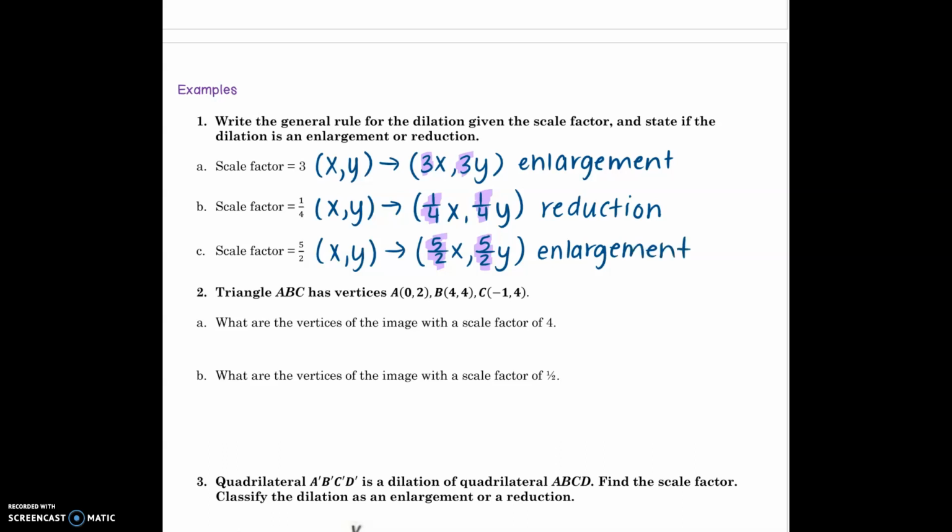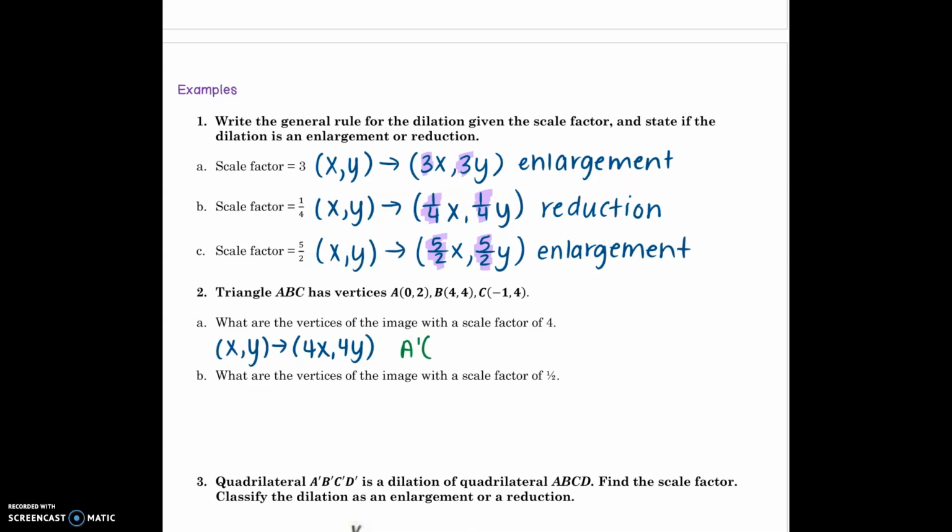For example 2, triangle ABC has vertices A (0, 2), B (4, 4), and C (-1, 4). What are the vertices of the image with a scale factor of 4? So for A, we are going to use the rule (x, y) arrow (4x, 4y). And all we're going to do here is multiply both our x and y coordinates by 4 to find the vertices of our image.